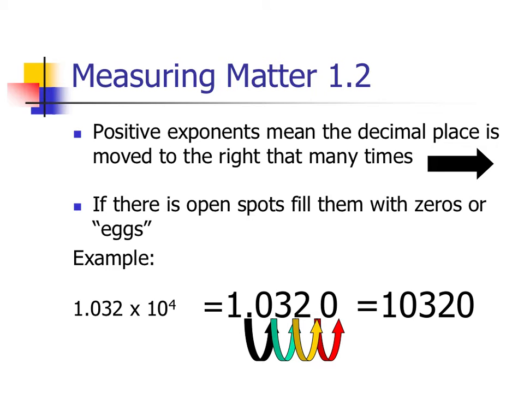If there were empty ones, such as the case here, we added this 0 because it needed to fill the basket of eggs. Fill it in. So positive exponents, large numbers, because we would want that large number in our bank account.